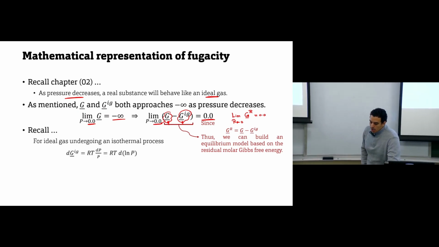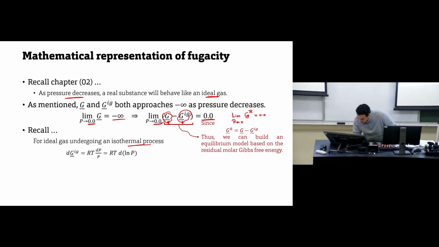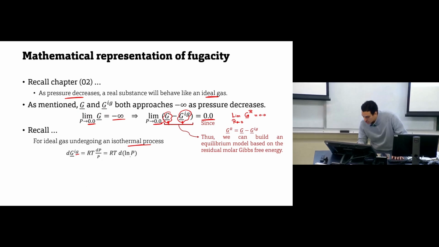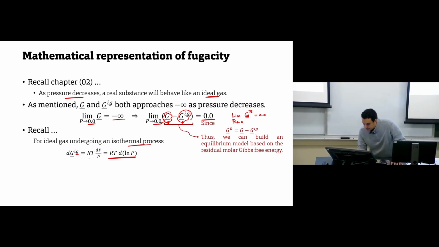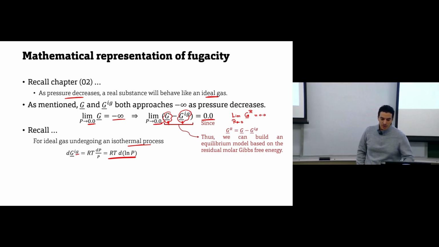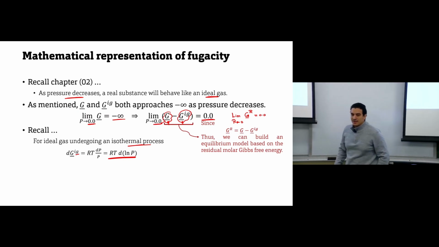Again, from chapter 6, for an isothermal process, the change of molar Gibbs free energy for an ideal gas can be calculated from the equation dG = RT d ln P. This is the equation that we can use to calculate molar Gibbs free energy for an ideal gas. Usually the equations we use for ideal gases are simple.